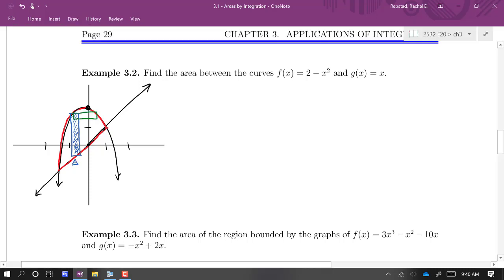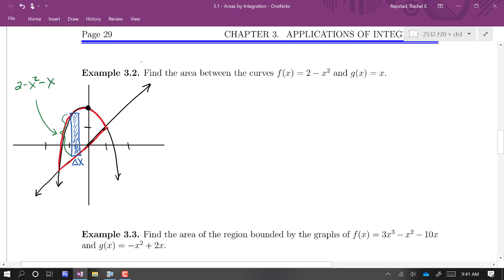It has a delta x width, and the length is the top y minus the bottom y. So the top curve is 2 minus x squared, minus the bottom curve, x. So there's our length.